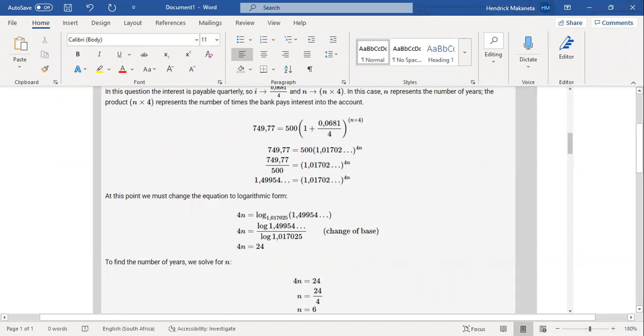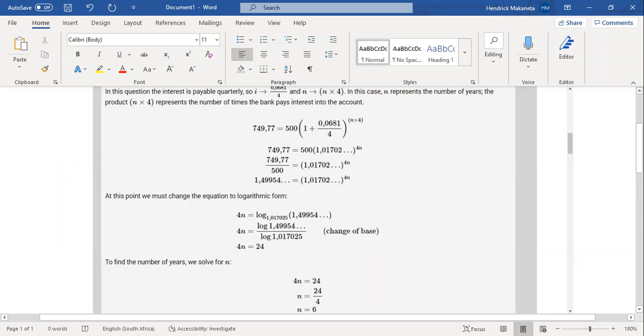And thereafter, you do realize that we are going to multiply N by 4. The reason why we are doing this is because our interest is compounded 4 times in a year. So whatever number of years there, you multiply that by 4. That is why we have used the formula as it is. A is equal to P open bracket 1 plus I close bracket to the power of N.